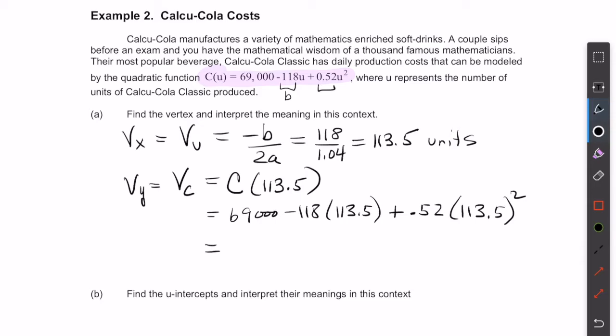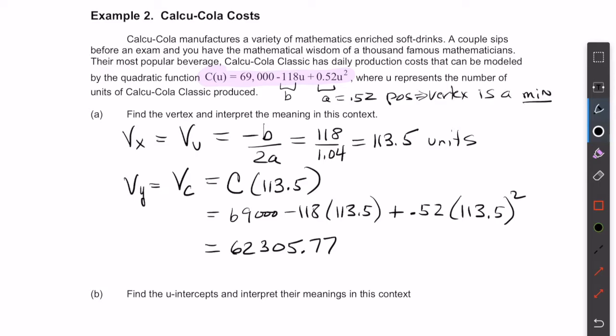So after doing that, I'm getting a cost of $62,305.77. And in this case, because the a of 0.52 is positive, this means that the parabola opens upward and the vertex is a minimum point.